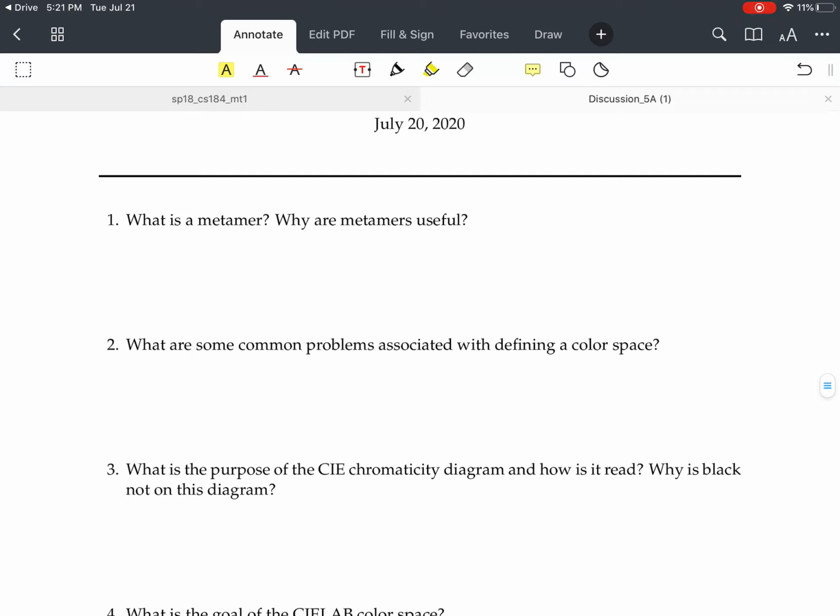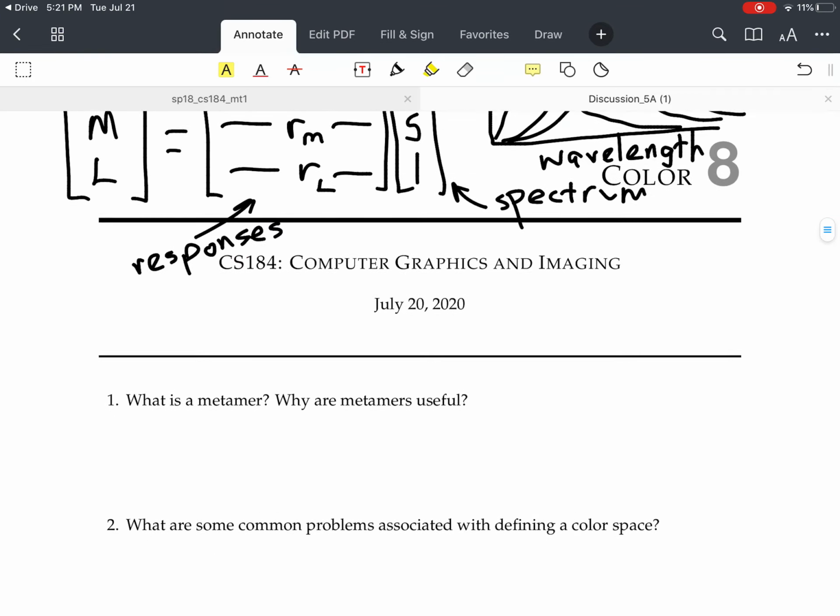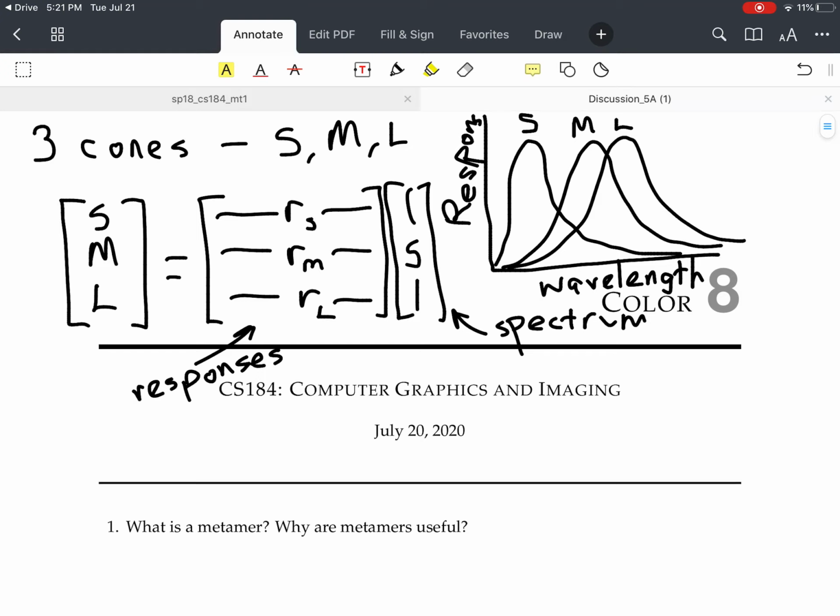The first question is, what is a metamer and why are metamers useful? A metamer is basically two different spectra that result in the same response. Essentially, it's two different values of this S right here that give you the same S, M, and L outputs on the left side.